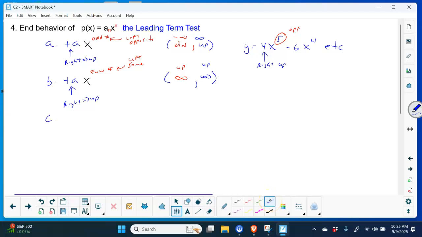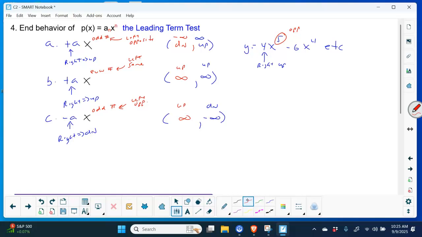All right? Third possibility. Now we got a negative a, x, and we'll go back to odd again. So negative a and an odd exponent. Okay, the negative a says the right is going to be down. So now our right is negative infinity, right? The odd says the left is opposite. What's the opposite of down? It's up, so it's infinity.